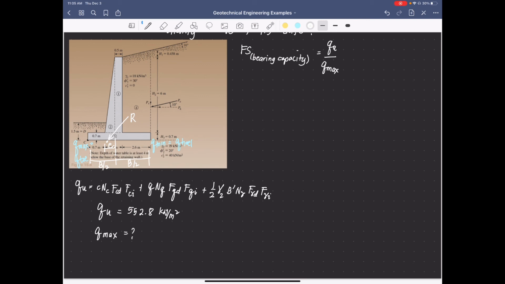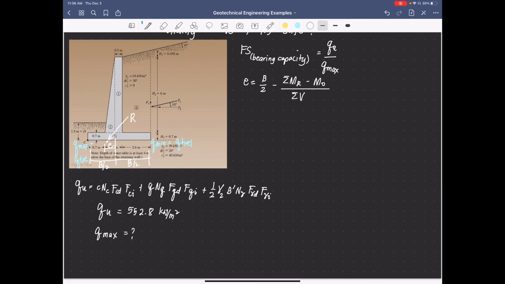And e can be calculated using the equation B over 2 minus the summation of the resisting moment about C and the overturning moment divided by the vertical forces summation.